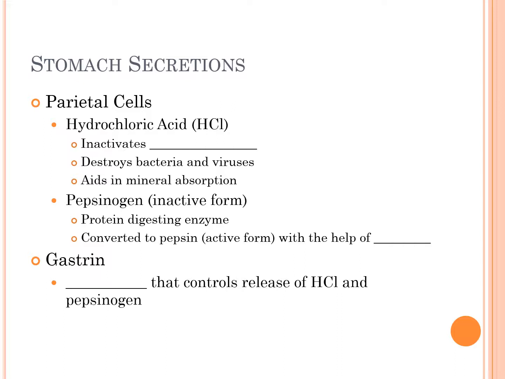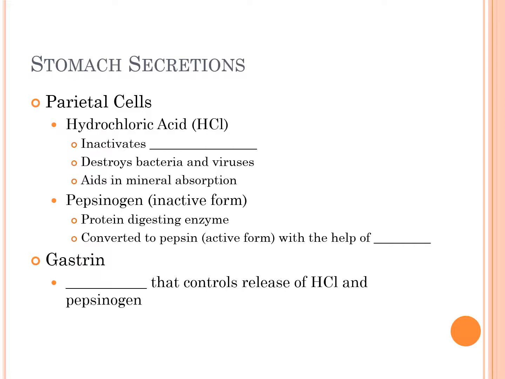I've been alluding to the fact that the stomach makes a lot of acid, and it does make a very, very strong acid called hydrochloric acid. Hydrochloric acid will inactivate salivary enzymes like the amylase.